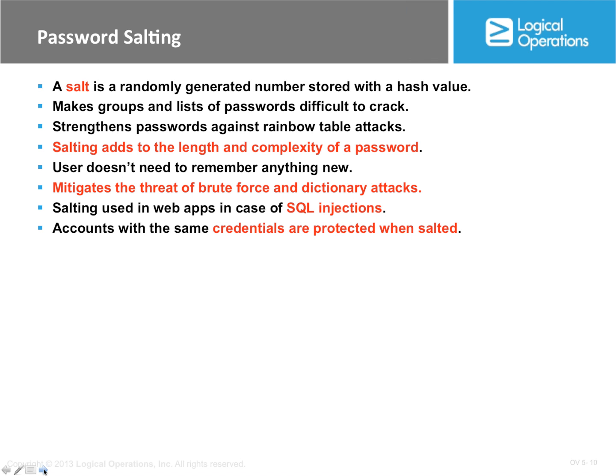So obviously, by adding salted values, you're adding length and complexity to your overall password, which is the goal, right? Passwords generally are the keys to the system or keys to the kingdom. So we want to protect those with as much complexity as we can, and security through obscurity once again.